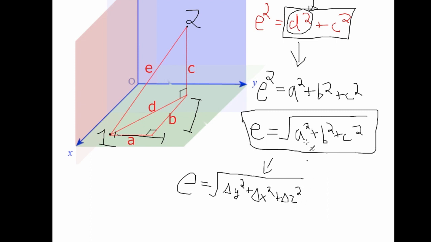Notice that this is the same thing as what we have right here, but in a more arbitrary sense. So we found that the distance between two arbitrary points in 3D space is just the square root of each of the respective axes squared.